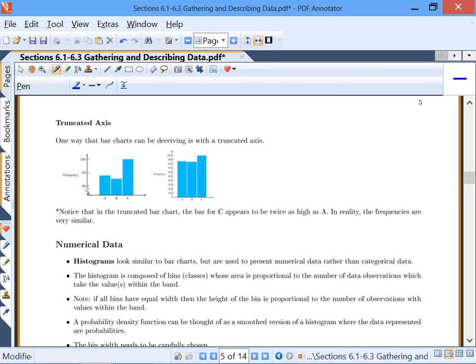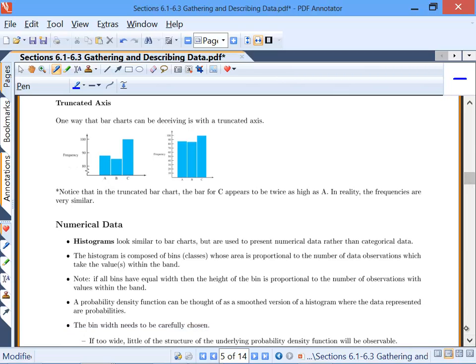They truncated their axis, whereas if you start all the way at 0 and go up, notice A is almost as high as C. There's actually not that big of a difference between the three brands. So that's just something to look for when you look at charts that people produce in the future.